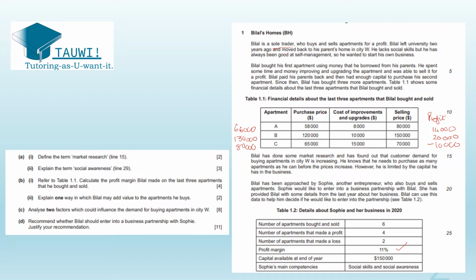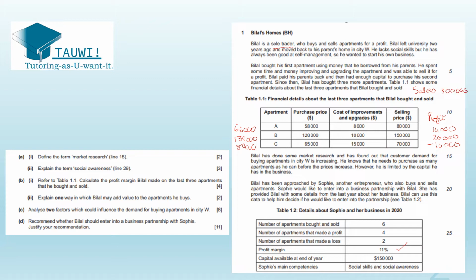So let's calculate Bilal's profit margin. His sales were 80,000 plus 150,000 plus 70,000. So his total sales were 300,000.